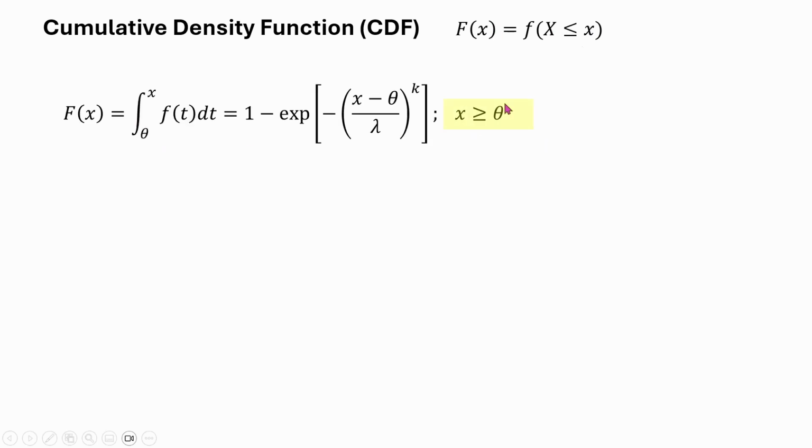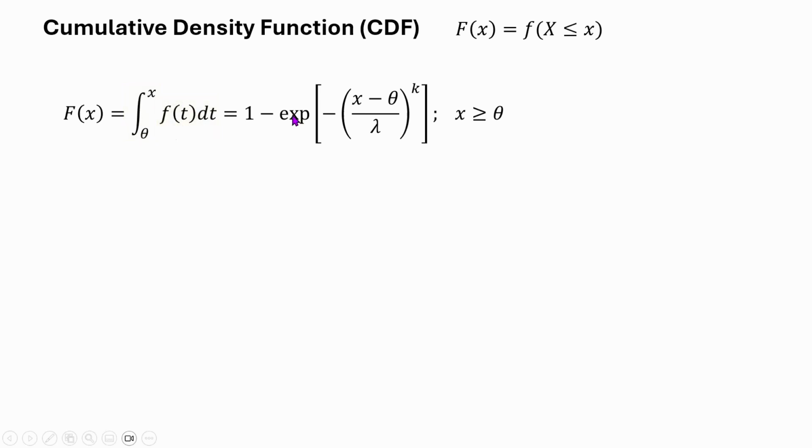If your x is greater than or equal to theta, that means it is in the valid range, then this CDF will be integrated from theta to x. Normally you would integrate from 0 to x or minus infinity to x, but you know that anything below theta, below the location, is 0, so you can integrate from theta to x. This will be the PDF f(t) dt.